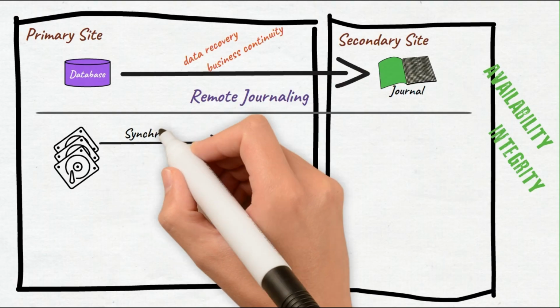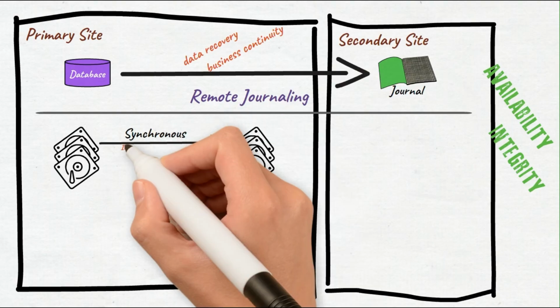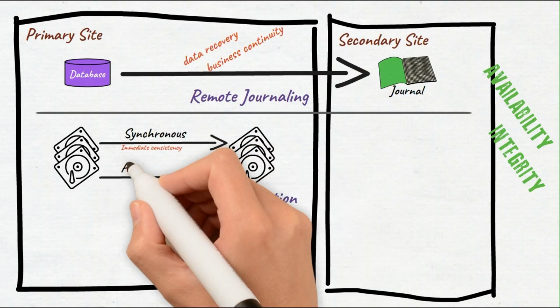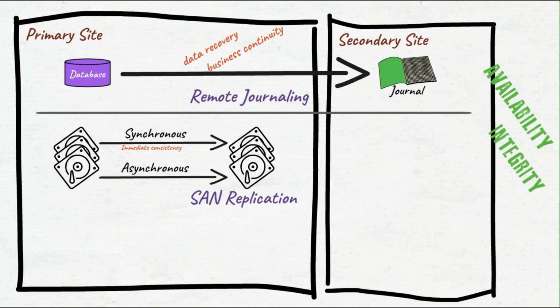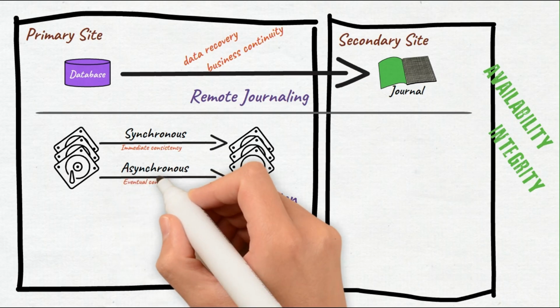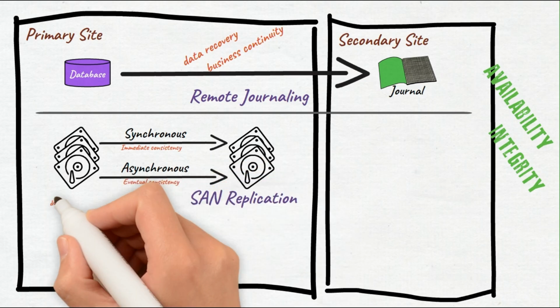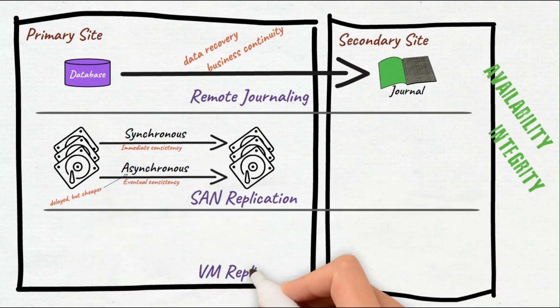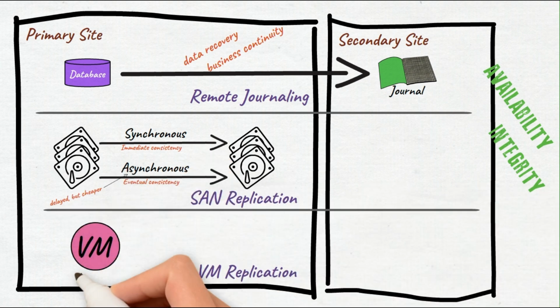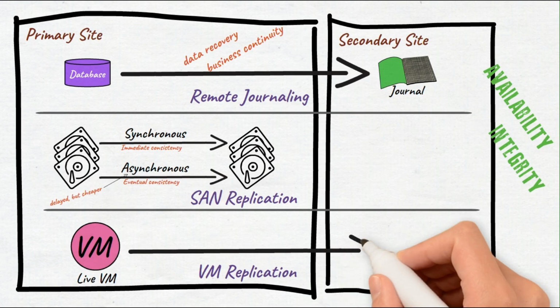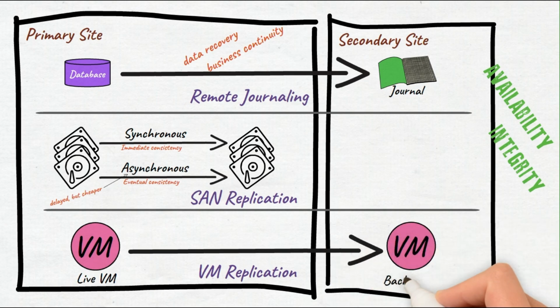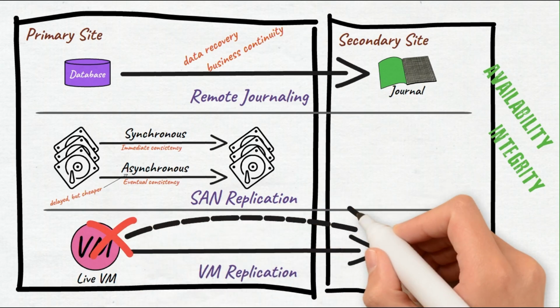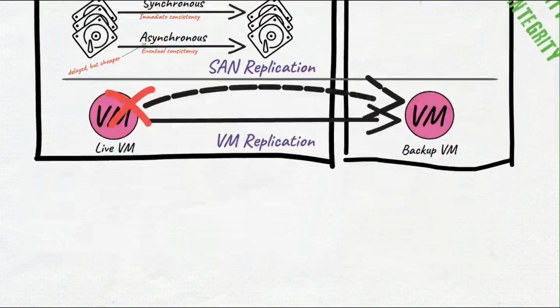This technique involves synchronous replication, which guarantees data consistency, and asynchronous replication, which is more cost-effective but may introduce a lag before data is an exact duplicate. VM replication creates and maintains an up-to-date copy of a virtual machine on a separate host or location, ensuring that a secondary VM can quickly take over the workload if the primary VM fails.